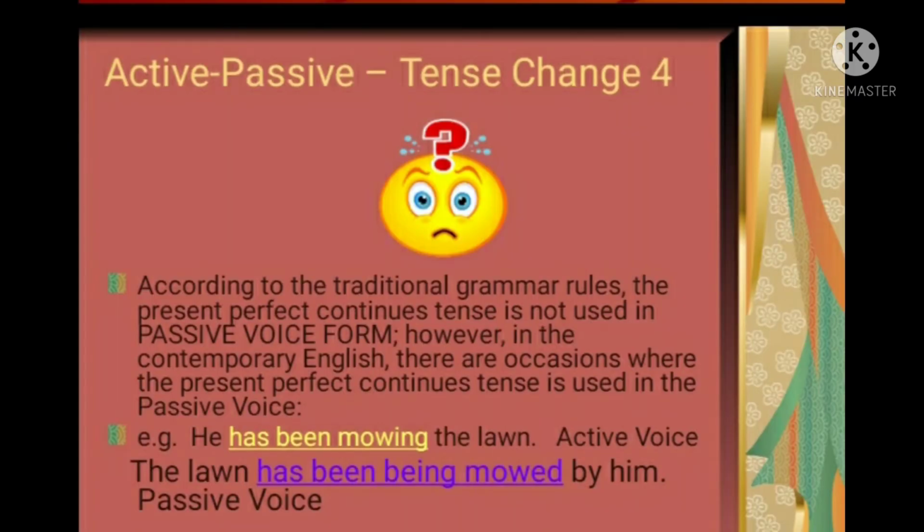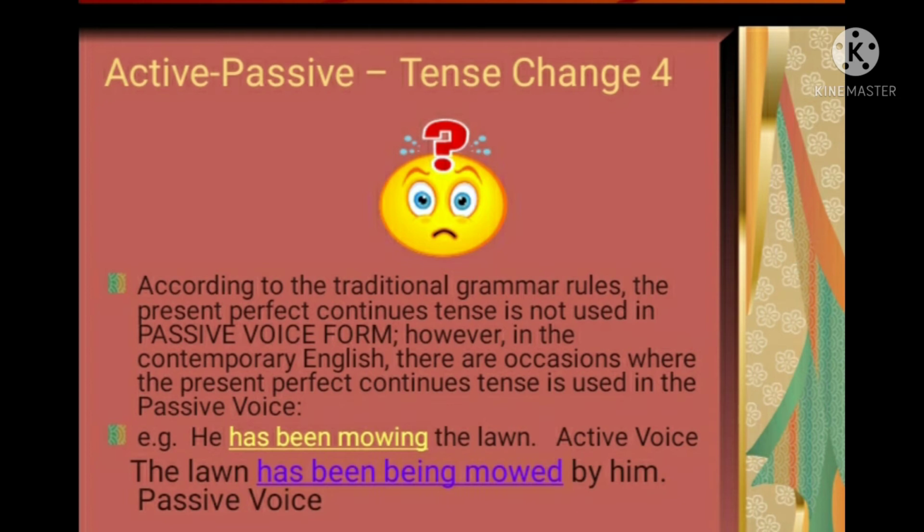According to the traditional grammar rules, the present perfect continuous tense is not used in the passive voice form. However, we see in contemporary English, there are many occasions wherein the present perfect continuous tense is used in the passive voice. See an example for this.